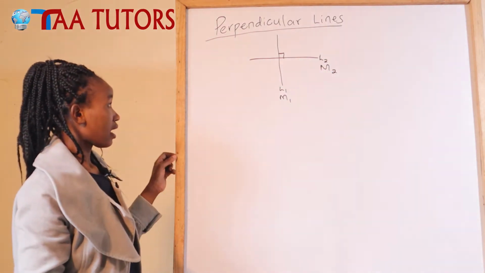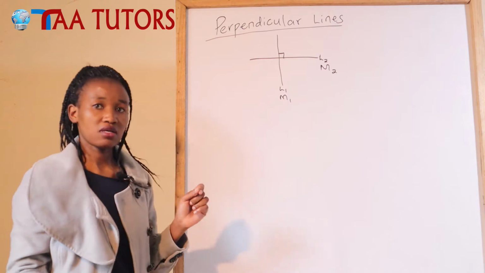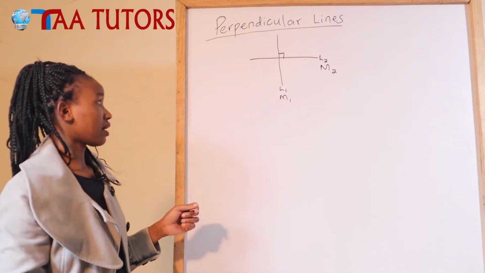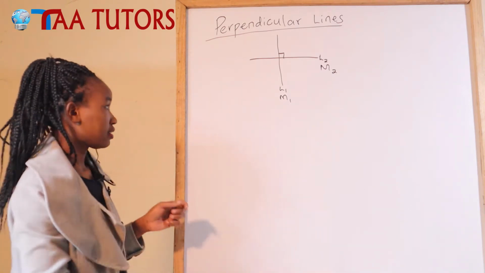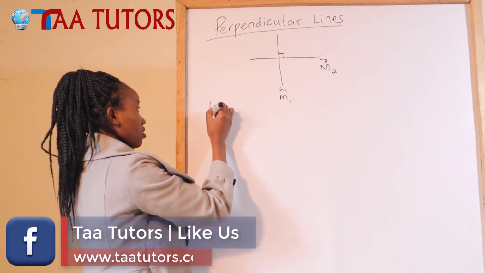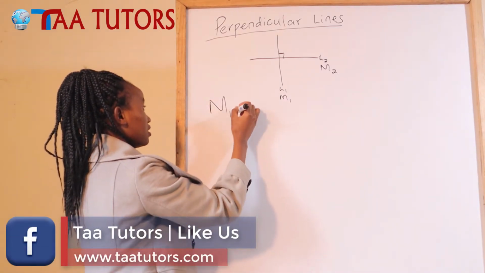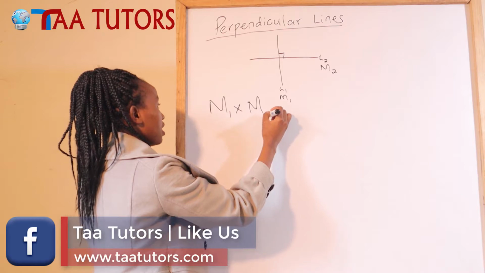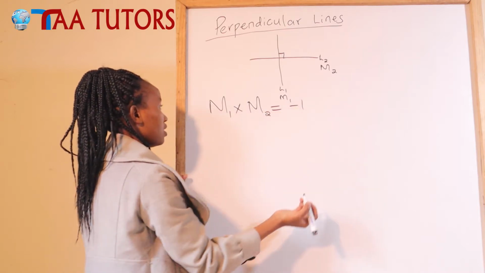So the formula for perpendicular lines is that M1 times M2 should give us -1.